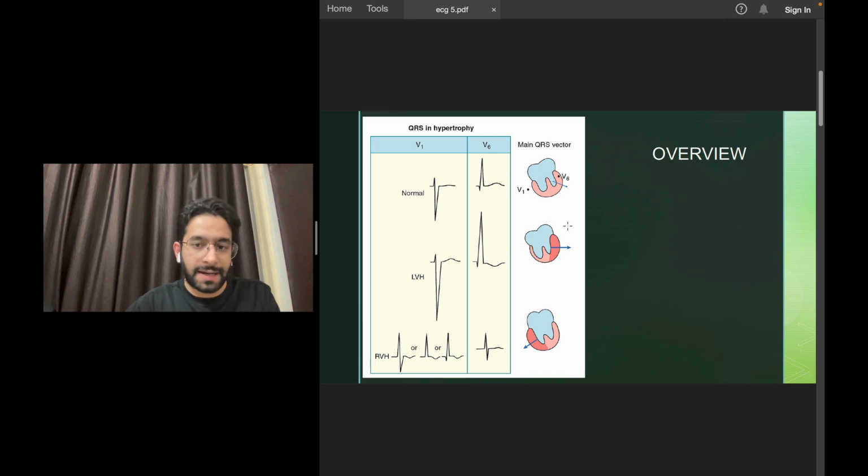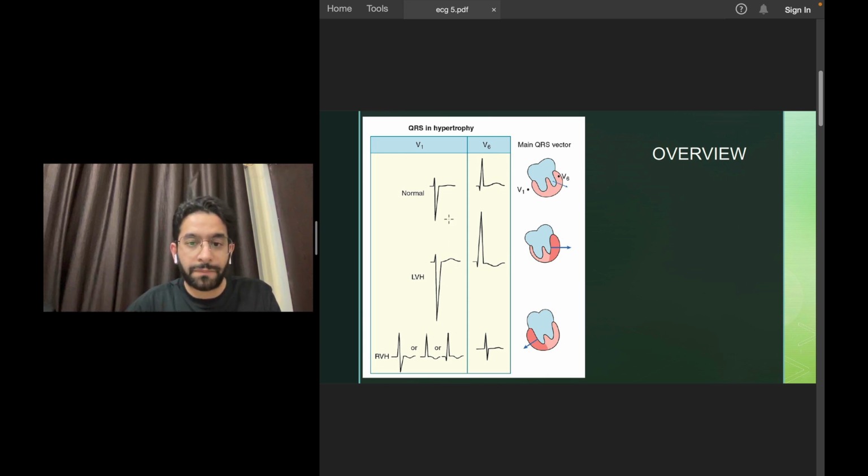Now let's understand a situation called left ventricular hypertrophy. This video is not about the causes of left ventricular hypertrophy, but if you remember, common things like systemic hypertension produce left ventricular hypertrophy, or some sort of pressure overload like aortic stenosis. Here, the left ventricular wall has become thicker, with more muscle and more electricity, which means the left-sided forces will be more predominant.